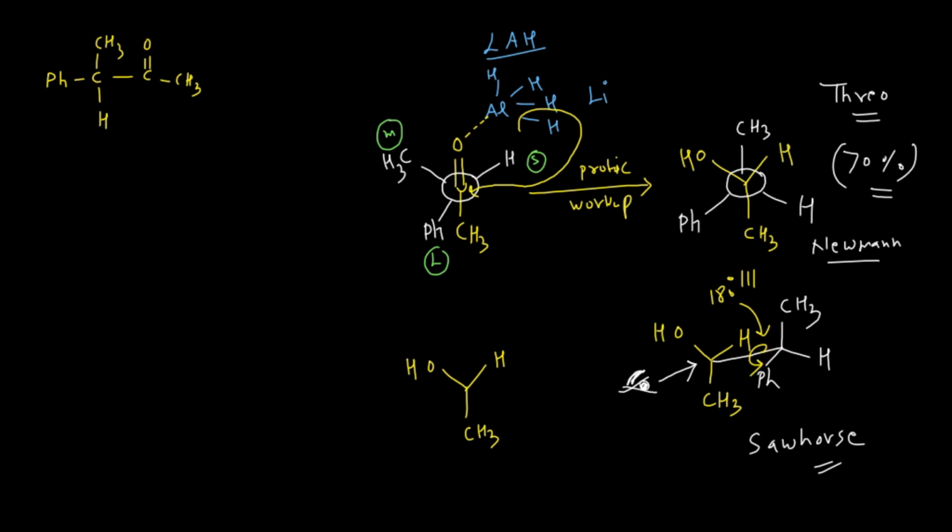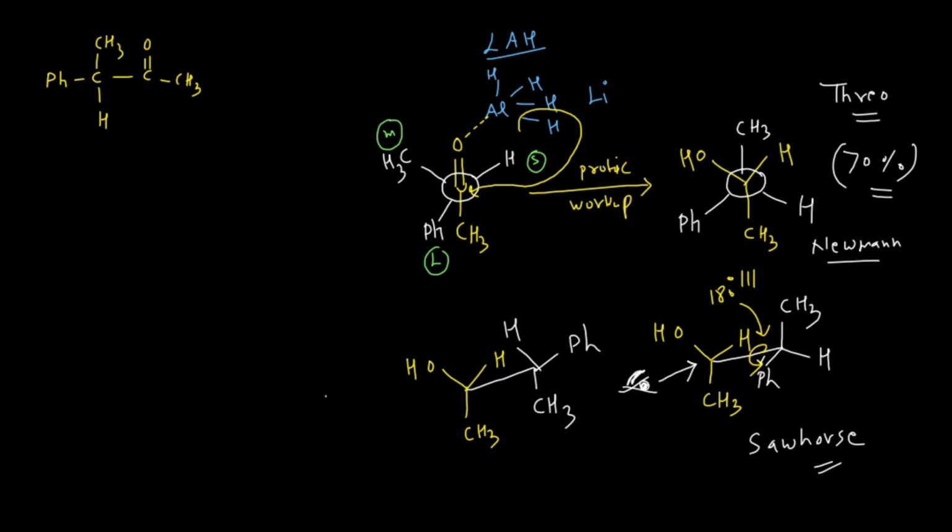Okay, and after this 180 degree rotation, this CH3 will come down. See, if I rotate this bond like that by 180 degrees, this will come down, and here this will go up. So now my hydrogen is here and my OH is here. So this is the rotated form.